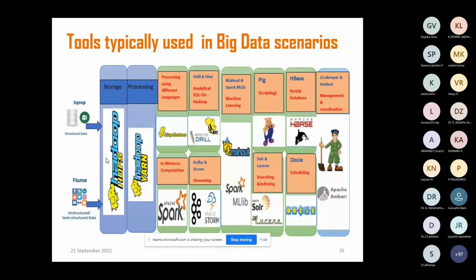On top of that we have YARN, Yet Another Resource Negotiator, used for processing and cluster management. In the earlier days of Hadoop this provision was not there, but in later versions it has been incorporated. Apart from this, you can see other tools.